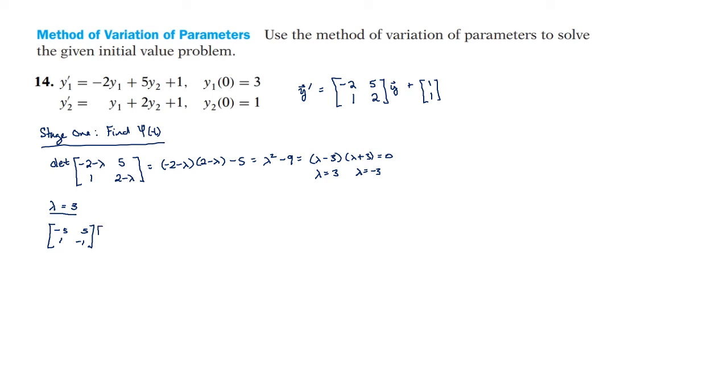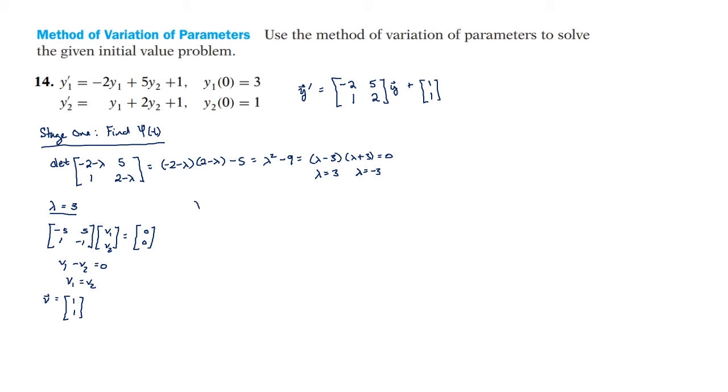We multiply this by our eigenvector, and we'll call the values in there v1 and v2. The result is supposed to be the 0 vector. This tells us that v1 minus v2 has to be equal to 0, so v1 and v2 are equal to each other. I'm going to let the eigenvector that matches lambda equals 3 be the vector 1, 1.